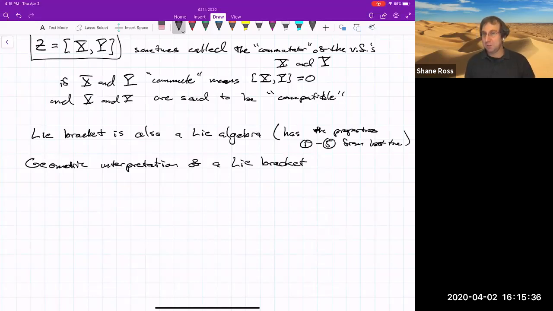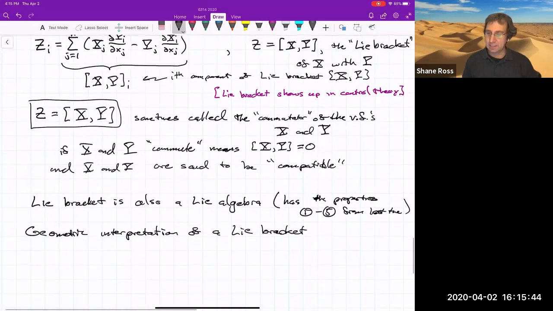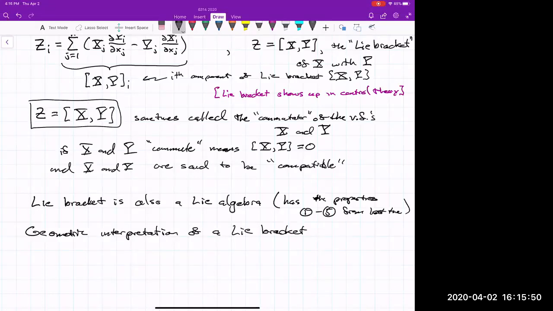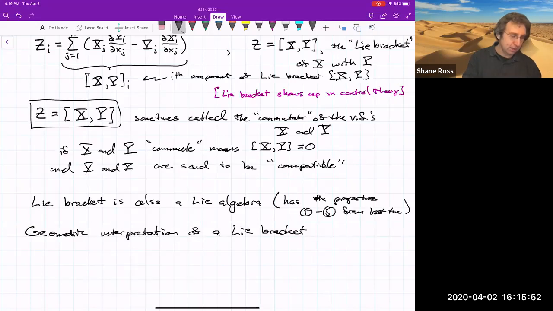There will be a connection between the Lie bracket and Poisson bracket, but it's only true for Hamiltonian systems. This Lie bracket you could do for any vector fields. Okay. But the relationship I'll probably just give next to illustrate it. Does that answer?